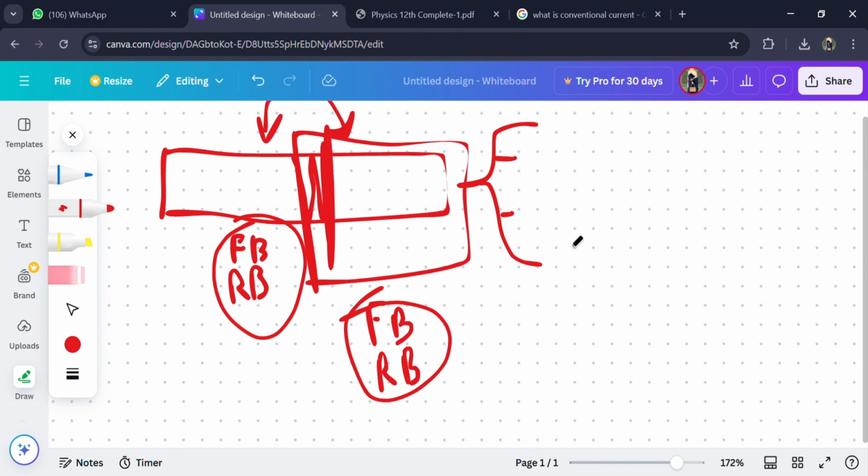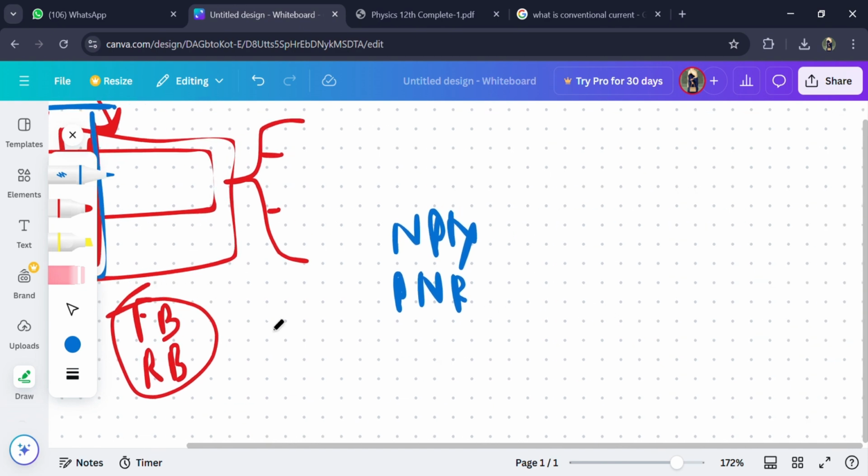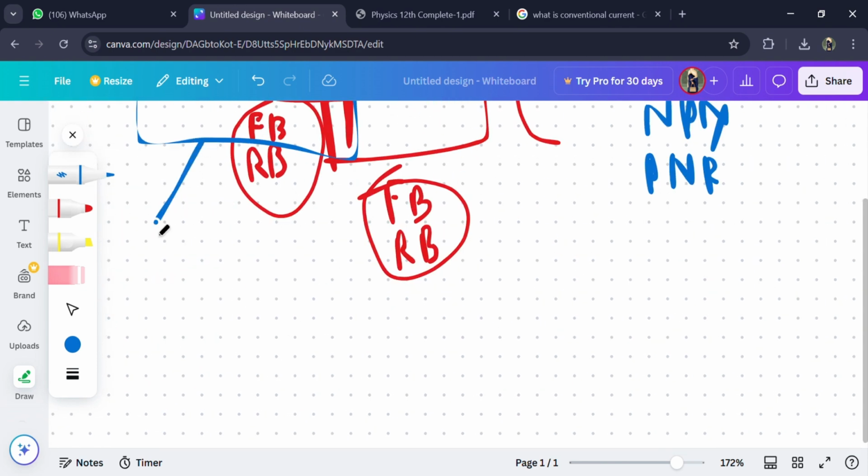A transistor can work as an amplifier in a situation like this, in the NPN junction or PNP junction. These are the two types of transistor that we have. If the emitter and base side has forward biasing, and the base and collector side has reverse biasing, then the transistor acts as an amplifier.